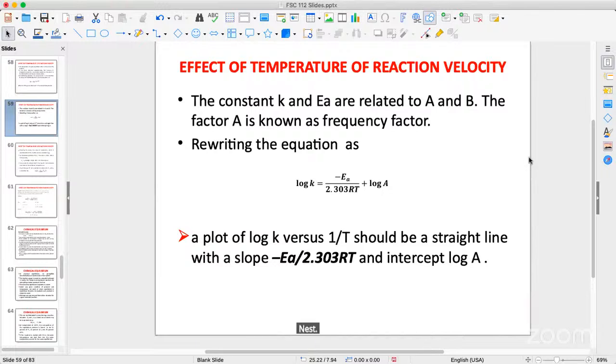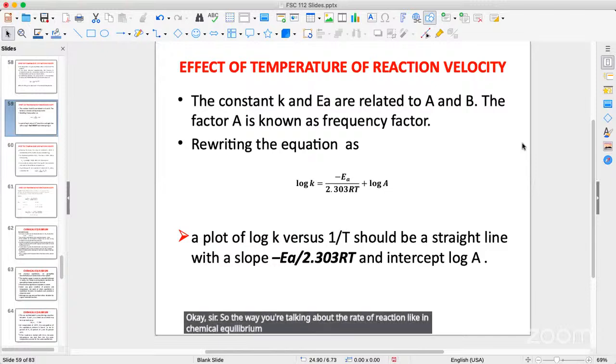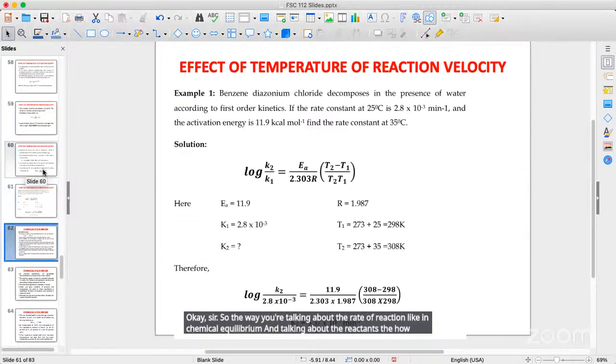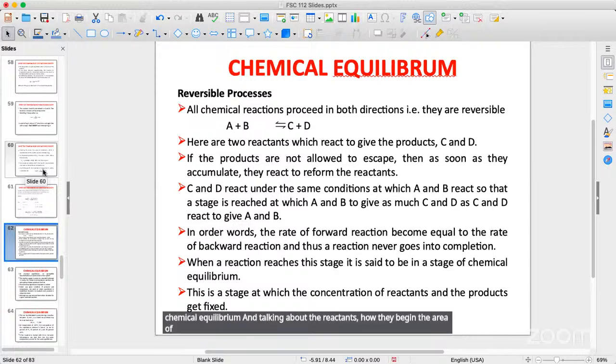Next, Joshua, your question, please. When you're talking about the rate of reaction in chemical equilibrium, and the reactants, how they begin their rate of reaction at a faster rate, and as time goes on you're telling us the rate increases from the reactants down to the products.